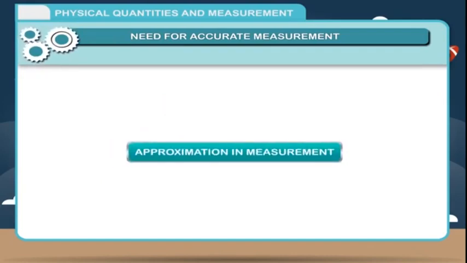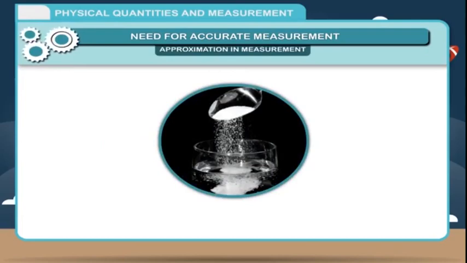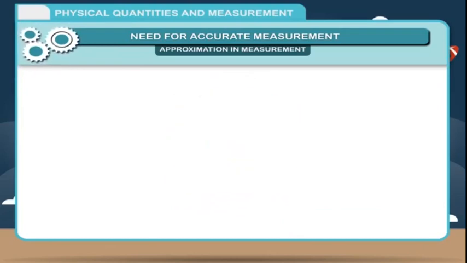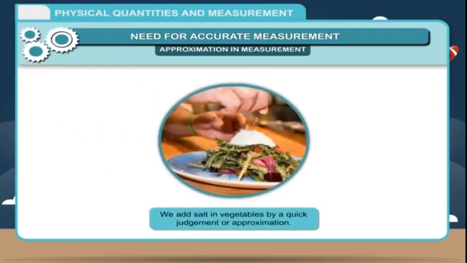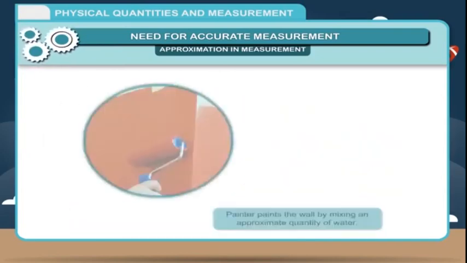Approximation in measurement. In our daily life, sometimes we need only approximate, near to accurate measurement. The approximate estimation is a quicker judgment about any measurement. Examples: 1. We add salt in vegetables by a quick judgment or approximation. 2.